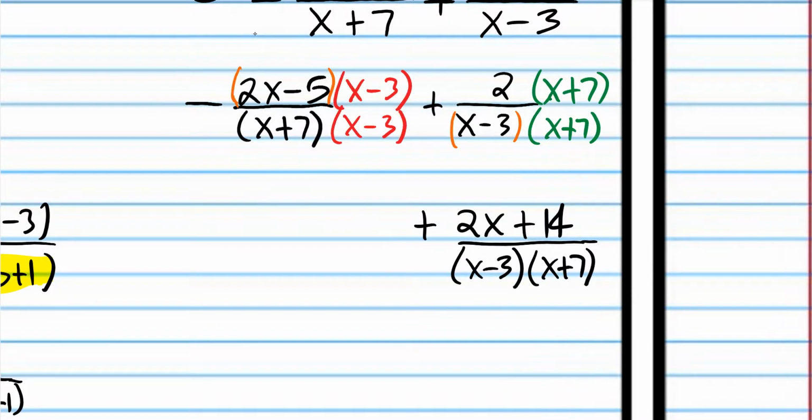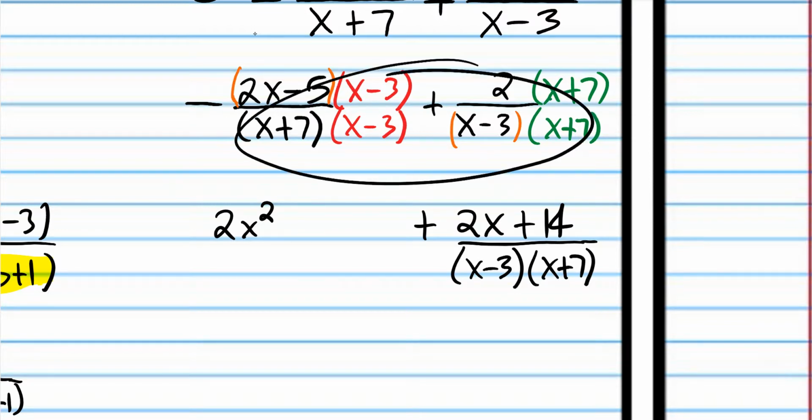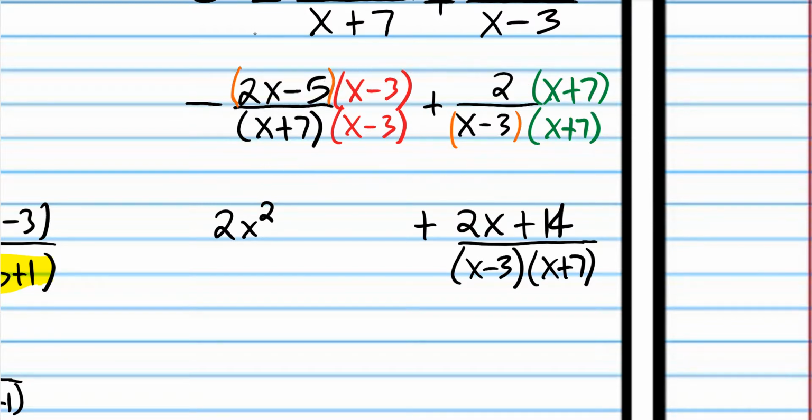2x times x is 2x squared. And I want you to add the inner terms in your head. We don't want to have to rewrite this whole thing just so you can add those inner terms. So O of FOIL is negative 6x, and I of FOIL is negative 5x. Do you agree with that? 2x times negative 3 is negative 6x.